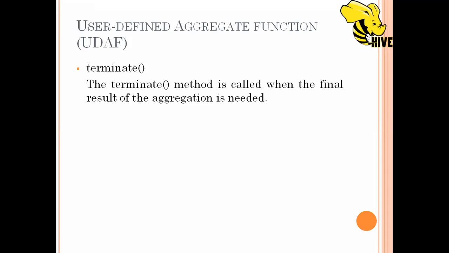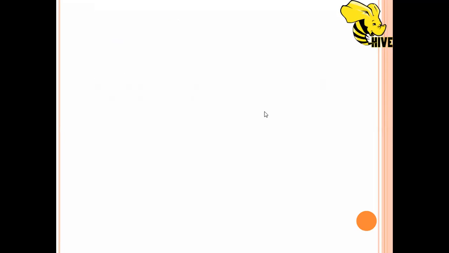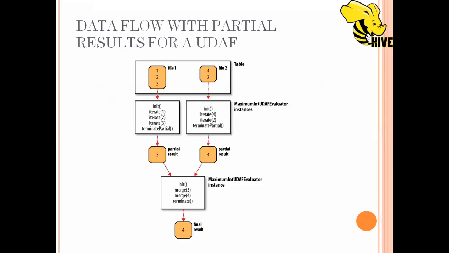If a number of partial terminations are there, then by using the merge function again, we combine all the partial terminations. So the total terminate uses the method that gives the final result of the aggregation. So this is the data flow with partial results for any UDAF.